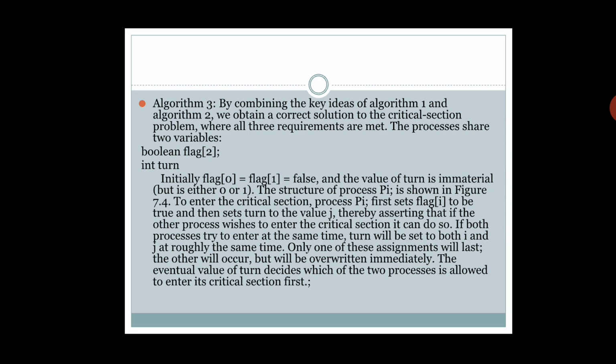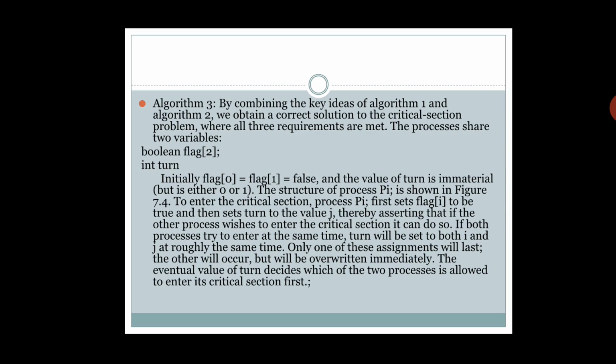But the thing is, flag of i may be flag of 0 or flag of 1, because only two memory positions are possible, since while giving the declaration they have gone for boolean flag of 2. Boolean is nothing but either true or false. Fine.